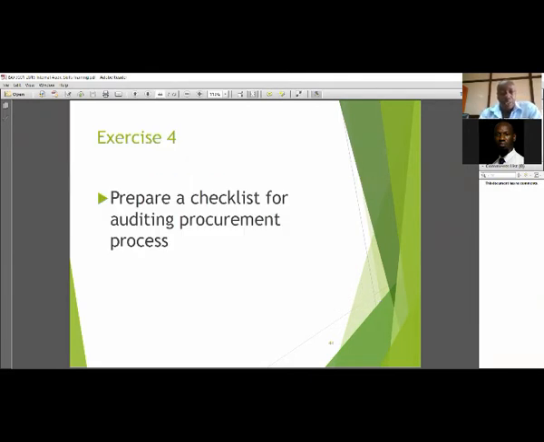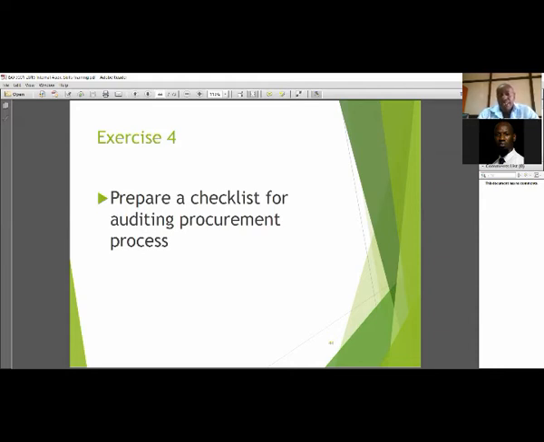Now, there is an exercise here. I don't know how we are going to do it, but we want to practice and come up with a checklist. I've stated it could be a list of points or just questions on what you are going to use to audit a procurement process.